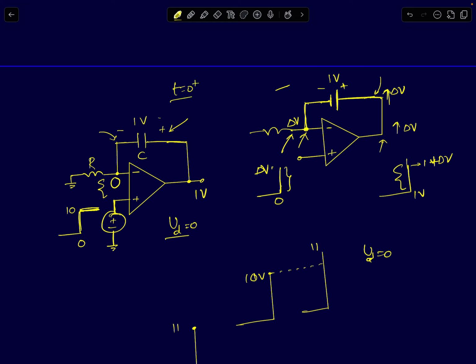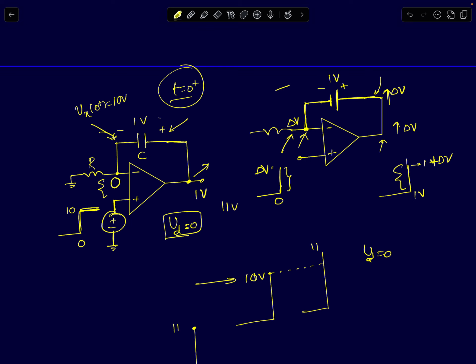At that instant, the differential input has suddenly become 0 when the output reaches 11 volts and the inverting terminal Vx at 0 plus reaches 10 volts. So the output will stay put at 11 volts. At t equal to 0 plus, it has reached a final value: the output is at 11 volts, and Vx will suddenly jump to 10 volts.